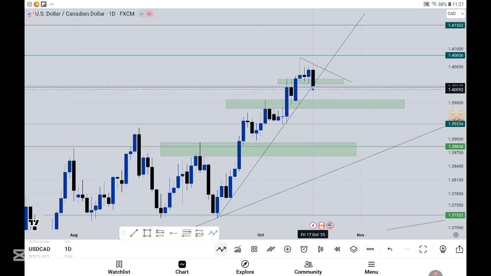When I get to the 4 hours, I'm going to explain much more about that. So on this daily time frame, we're expecting the market to continue its movement to the downside, to retrace before we see much more buyers to the upside.